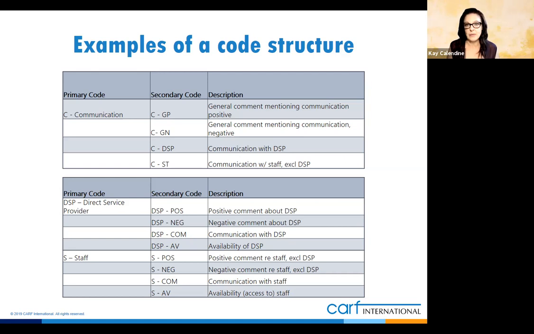And then the next primary code would be their staff, right? And you, again, would have the positive and negative and so forth. So that's how you create a code structure. Now, when you get started, just know that this is not going to be the final code structure. Throughout the entire process, this is not static. It's very much flowing as you go along.